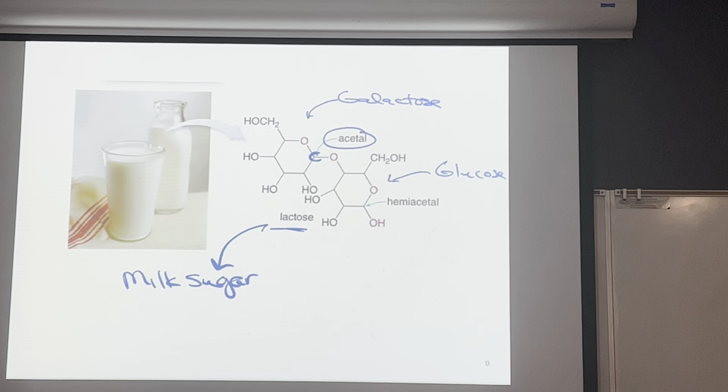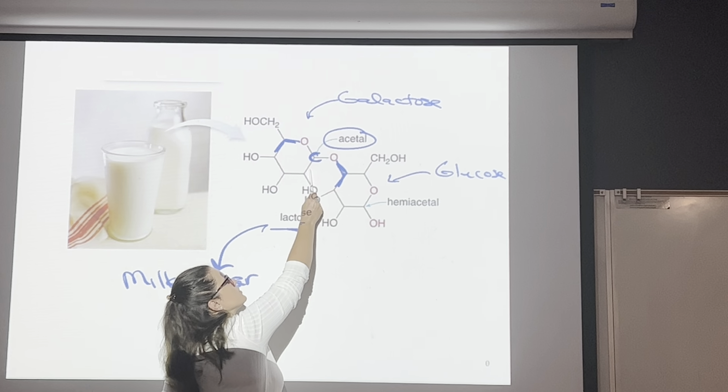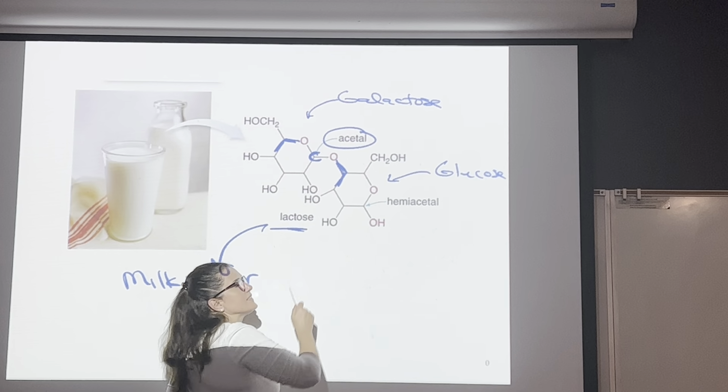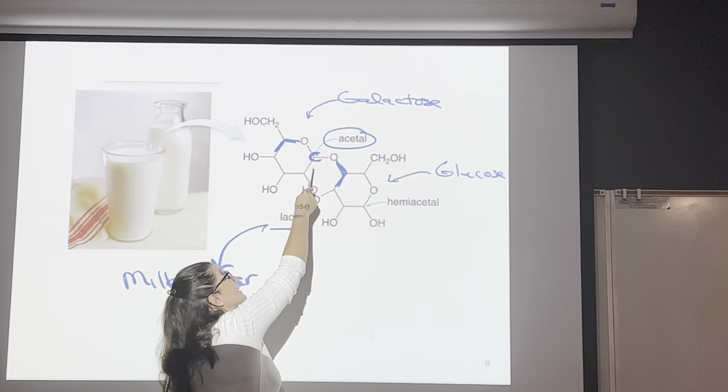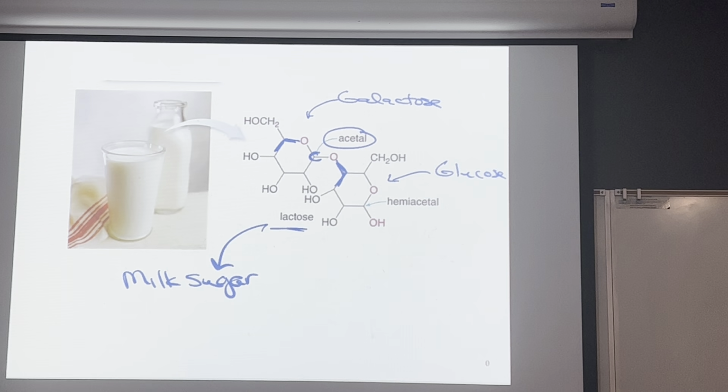So on this side, if you go this way, and on this side, if you go this way, and you ignore the fact that it's a big old monster cyclic beast, what we can see is that this carbon right here is bonded to two O what's? Two ORs. You could have gone that way or this way, but anyways, it's bonded to two ORs there. And when you have that carbon bonded to two ORs, that's the acetal.